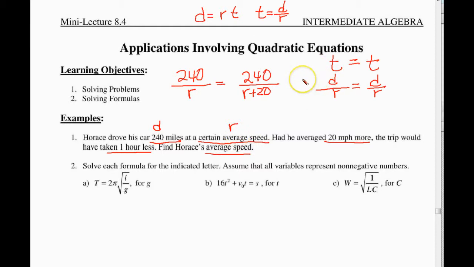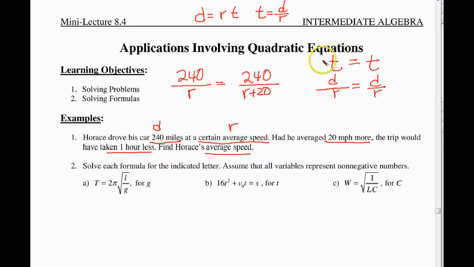Is there a way to eliminate time? So we can only deal with, let's say, distance and rate. We'll have one variable. Well, if we solve this basic equation for time, we get time equals distance divided by rate.